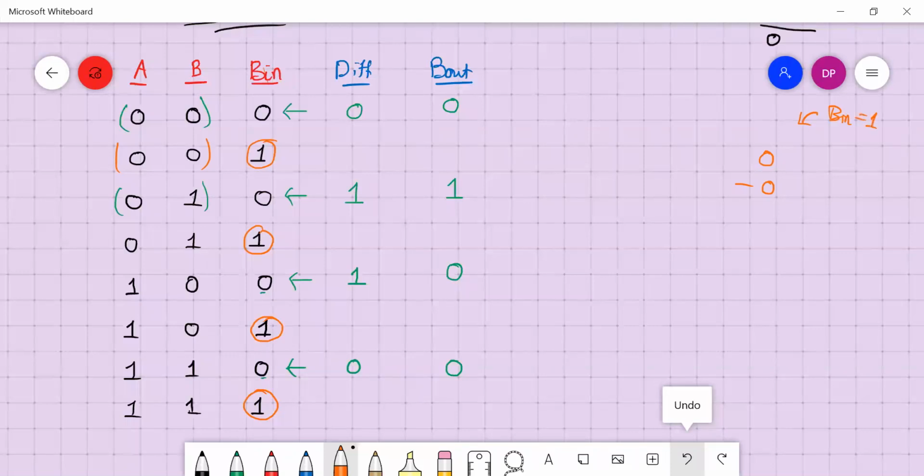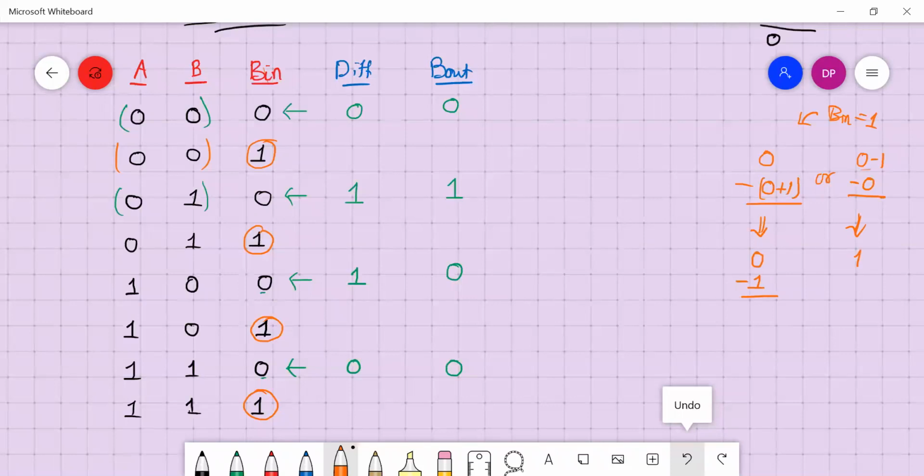So what you have to do? You have to add 1 over here, or you have to subtract 1 from here, and do this calculation, right? So what it will do? It is equivalent to what? It is equivalent to 0 subtract with 1, isn't it? And if you write this, this is equivalent to 0 minus 1.